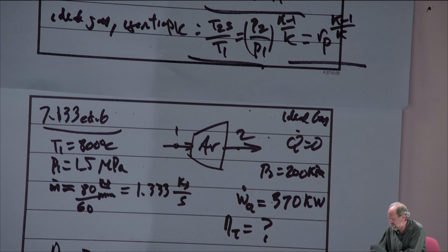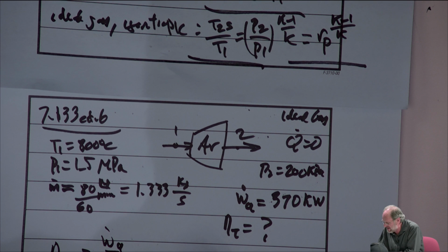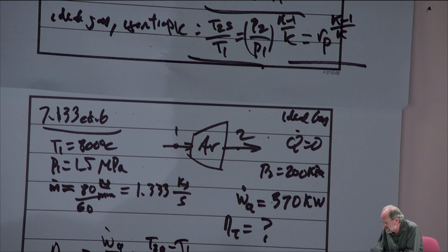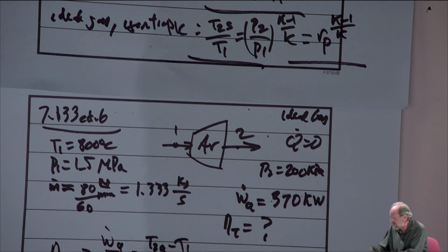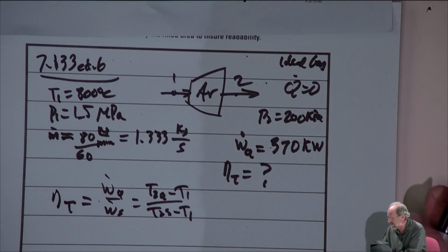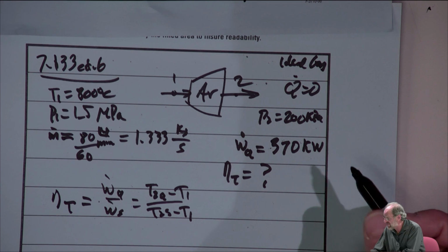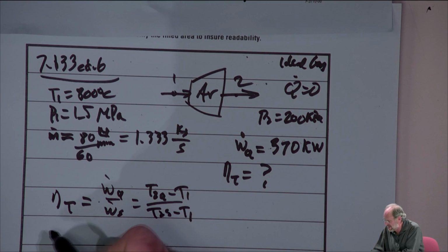There's different ways that we can find this, right? I mean, we could just say that this is the actual power over the ideal power. We could just easily say that this is T2 actual minus T1 over T2S minus T1. We'll use one or the other, but as for which one we're going to use, we'll just leave that open for the time being. We're definitely going to have to find a relationship for the isentropic process.